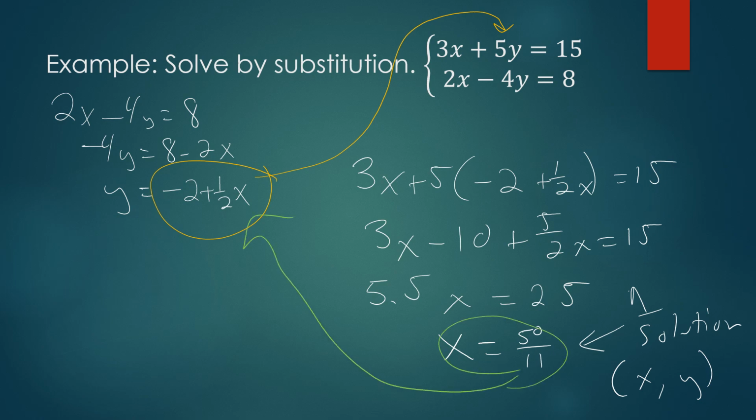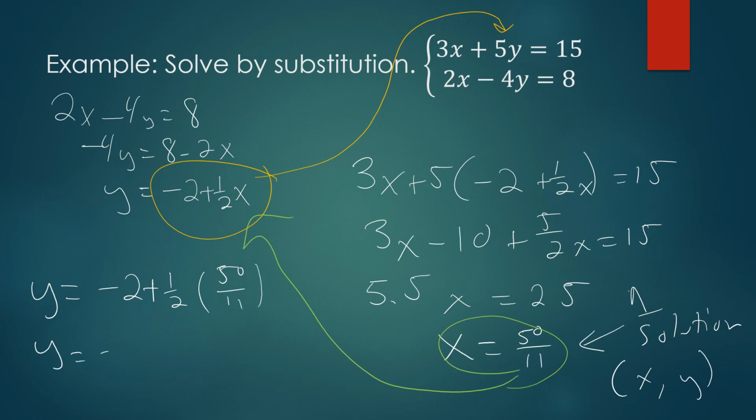into our substitution. So y is going to equal negative 2 plus 1/2 times 50 over 11.